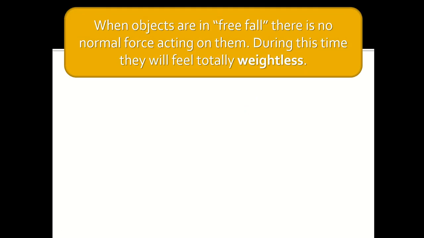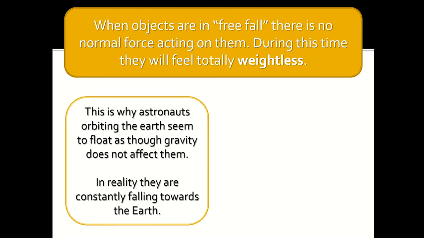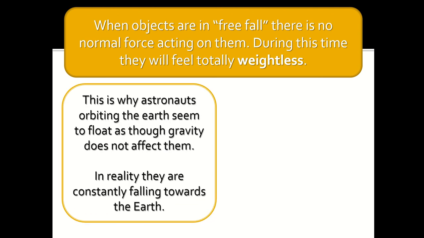So to summarize here, again, when objects are in free fall, there is no normal force acting on them, so we call this weightlessness. For example, astronauts, when they're in space, if you remember from the first section on universal gravitational law, these objects are in constant free fall.